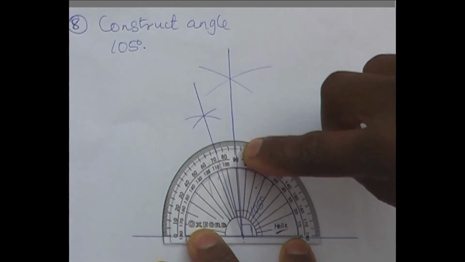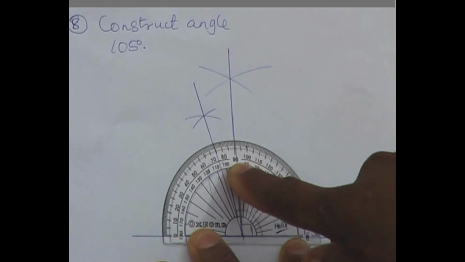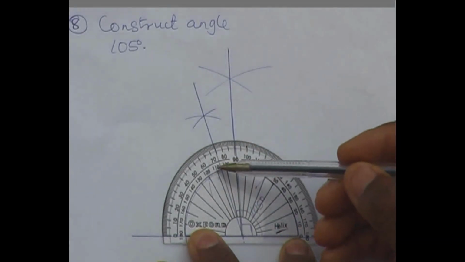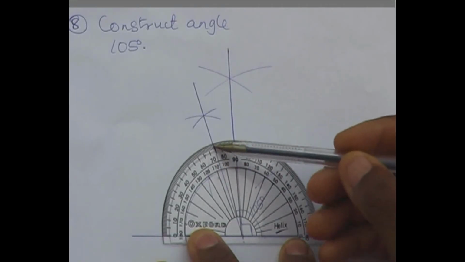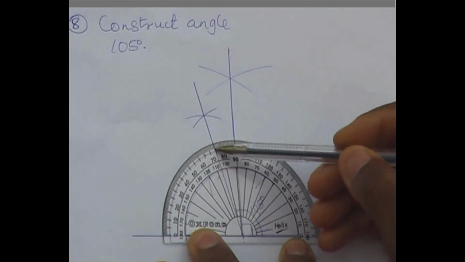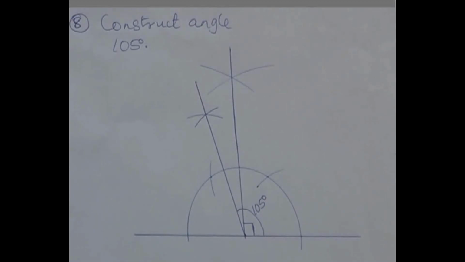This is 90. This is 110. Sorry, this is 100. And this is 110. So between 110 and 100, you have 105. And you can see that our line tallies with the line of 105. That is exactly how to construct angle 105 degrees.